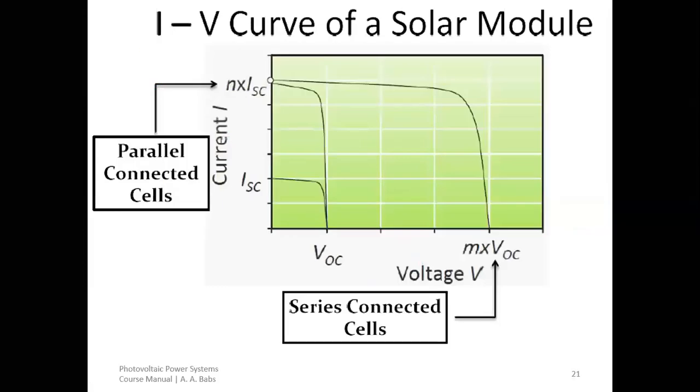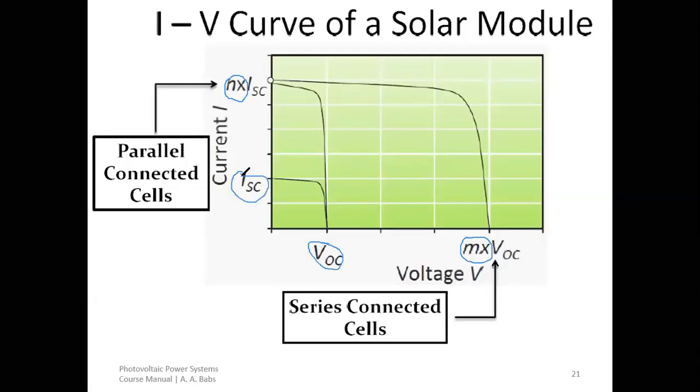So the IV curve explanation continues, but this N here means number of cells connected in parallel. This is what this NX represents. Number of cells connected in parallel, and then this MX represents the number of cells connected in series. You can see we have VOC, open circuit voltage here. Here we have our I short circuit current here.